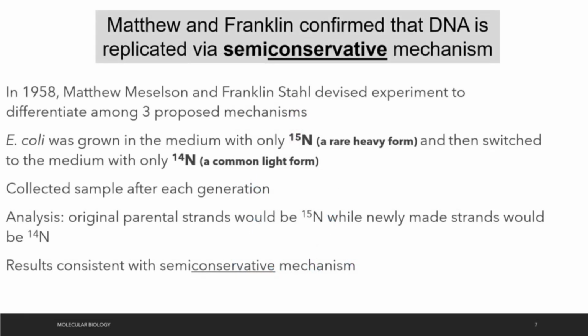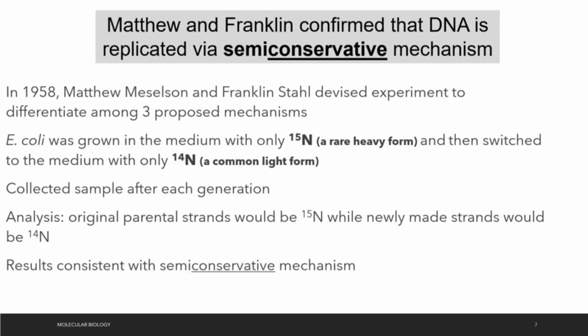In the 1950s, people debated which mechanism is the real mechanism behind DNA replication. So in 1958, Matthew Meselson and Franklin Stahl devised an experiment to differentiate amongst the 3 different mechanisms. What they did was grow E. coli first in a medium that contained only 15N, which is the heavy type of nitrogen atom.